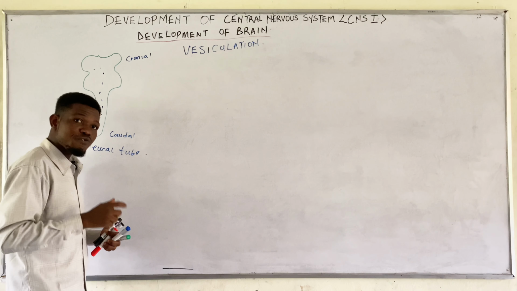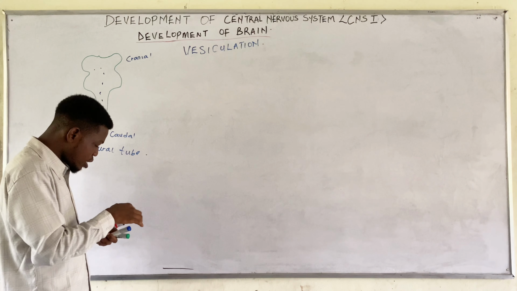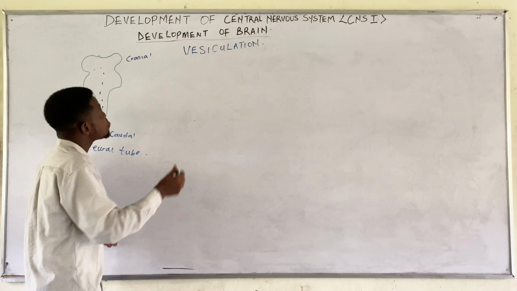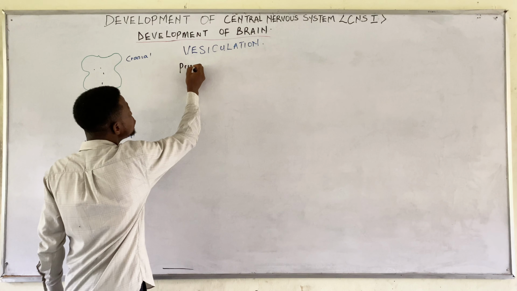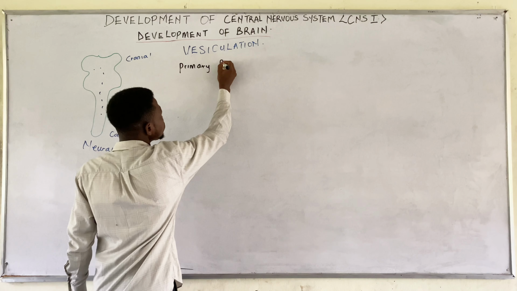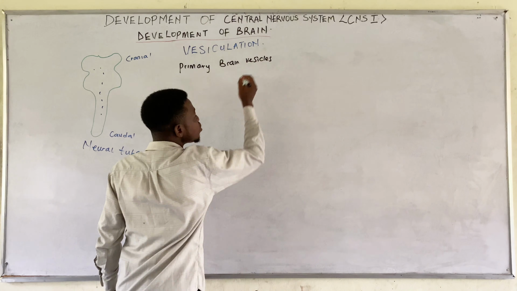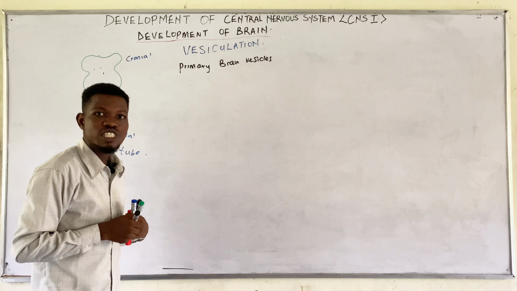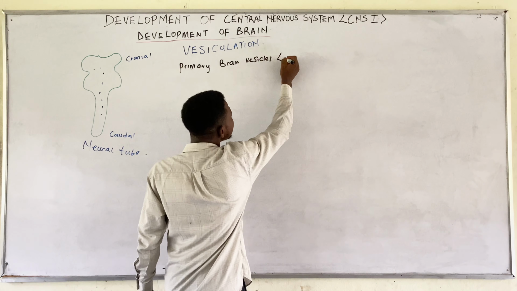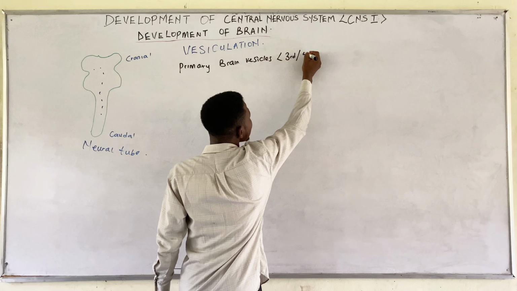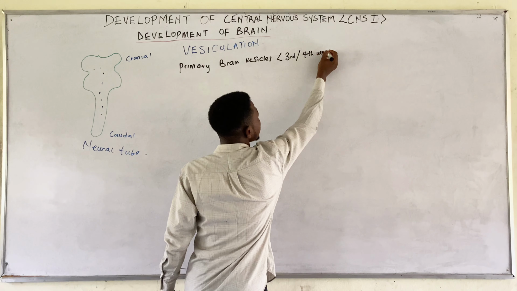Now, the first brain vesicles to be formed are what we call the primary brain vesicles. The primary brain vesicles are formed around the third and the fourth week.